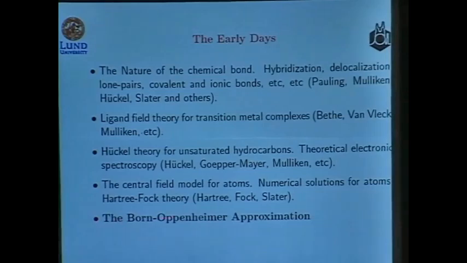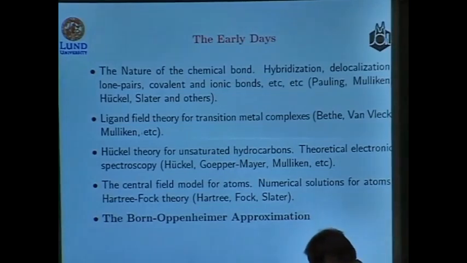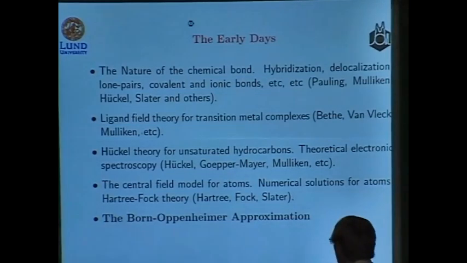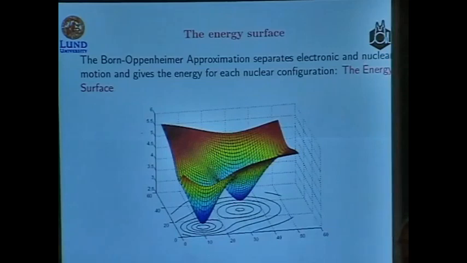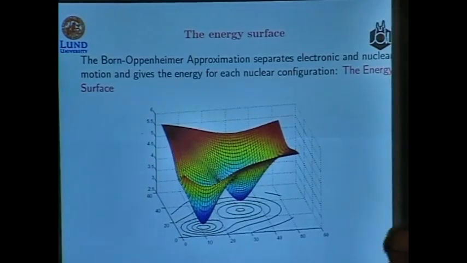Another very important qualitative concept in chemistry is, of course, the Born-Oppenheimer approximation, which allows us to define a molecule. There was a lecture on this in Kathmandu, for those of you who were there. It divides up the motion of the electrons and the motions of the nuclei.